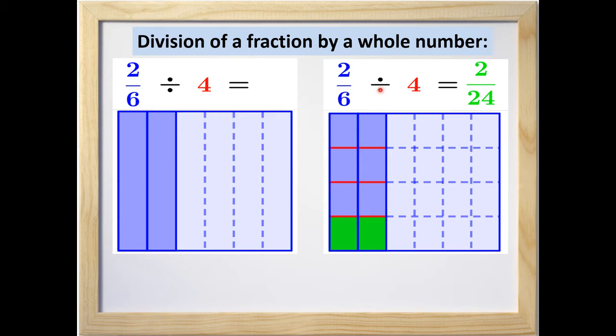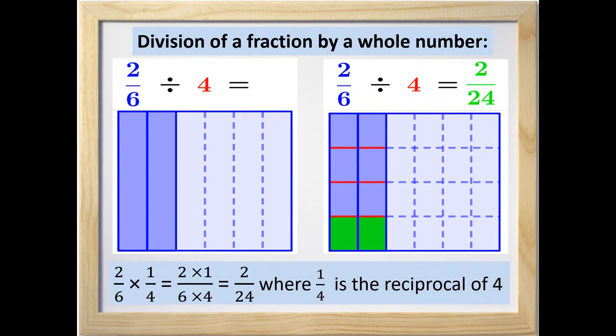That means 2 by 6 divided by 4 is equal to 2 by 24. This green colored portion will give you the quotient. So it is 2 by 24.